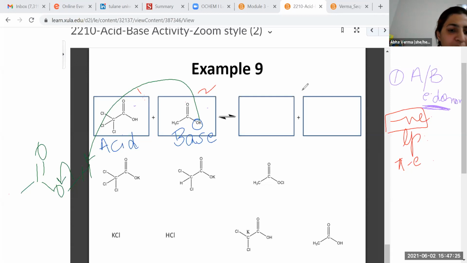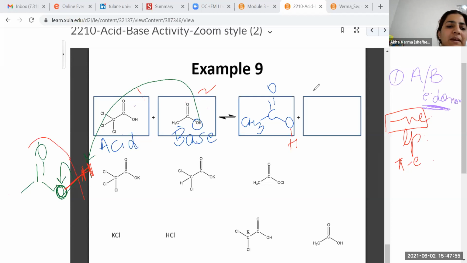Hydrogen will leave, breaking the bond with oxygen, leaving all the electrons with my oxygen. How am I going to write my structure? There is the CH3 with the C double bond O, and this oxygen has my acidic hydrogen from the acid. So the bond has been broken.